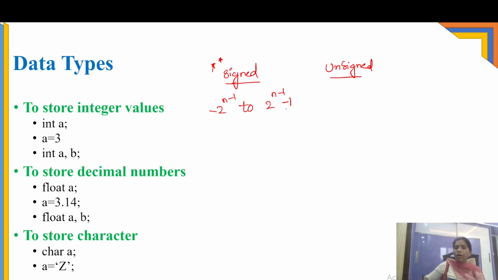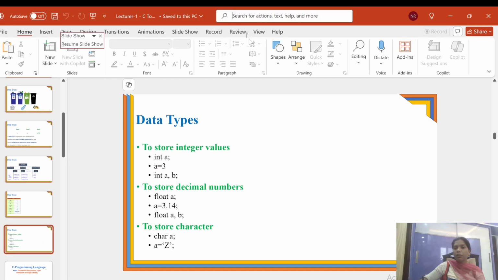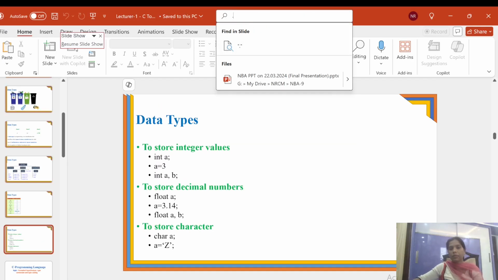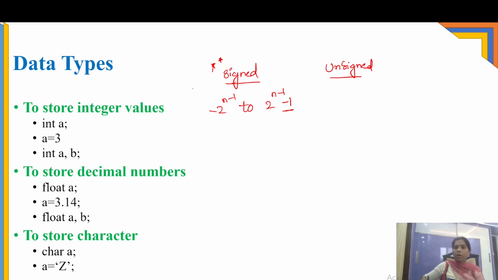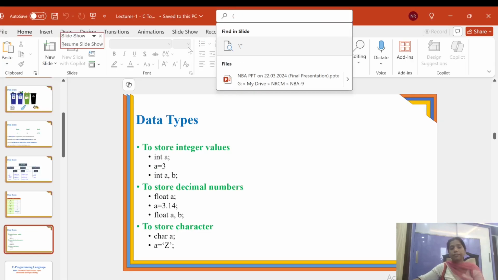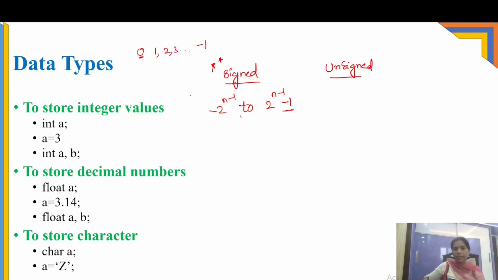Why is there a minus 1 in the positive range? Generally positive values start from 1, 2, 3, but 0 is also included, so for that 0 we have minus 1. What is this n? N means the number of bits.